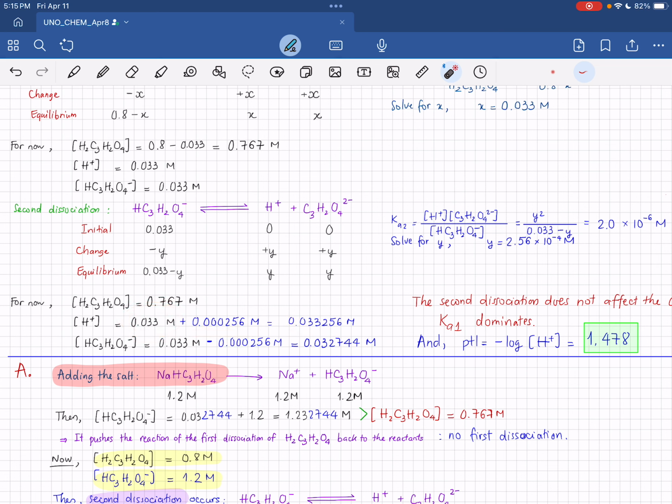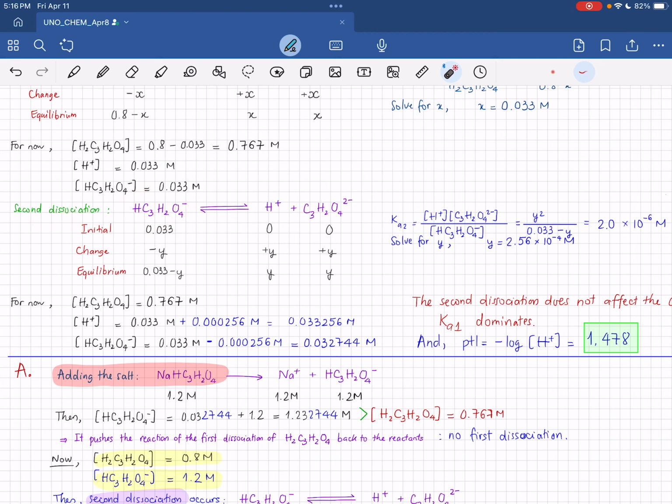So basically it doesn't make much difference from this one, right? It's just showing us that it's not that easy to have the second dissociation, and that's basically the general rule for polycarboxylic acids. And then we also have an amount of the hydrogen malonate left in the solution, because the second dissociation doesn't dissociate all of them, so we still have an amount of this one left.